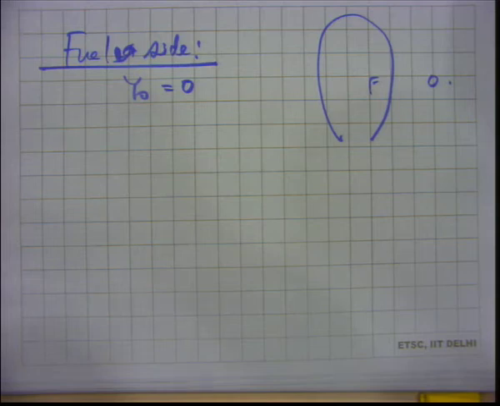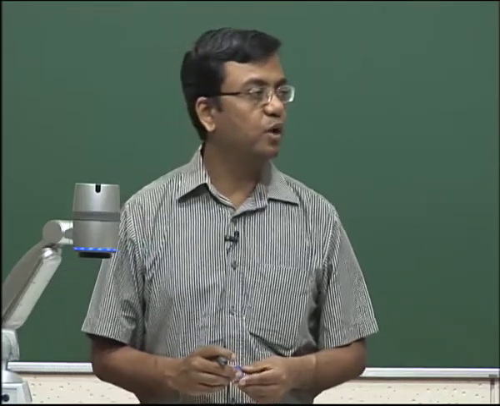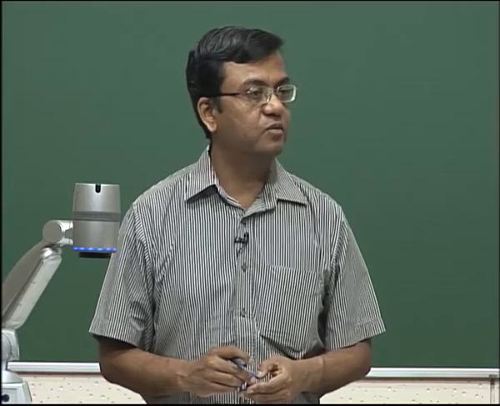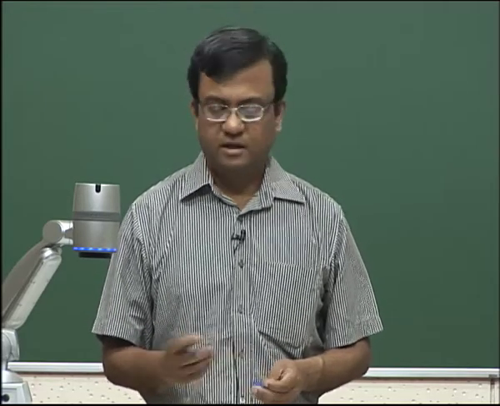So, this is YO. Now, can we get an expression for YF in terms of Z, the mixture fraction, which relates to your question? Can we get YF as a function of Z? Let us try.